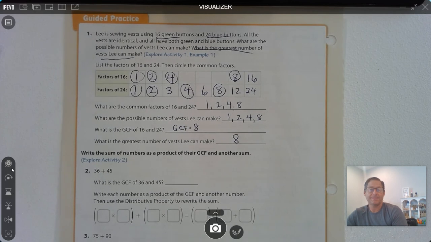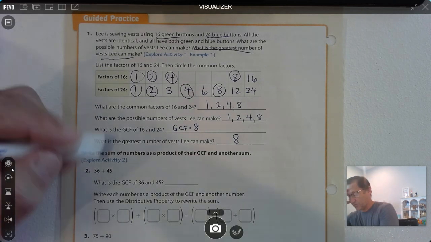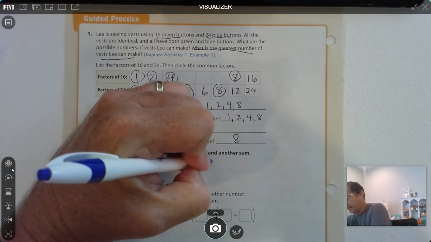All right, so let's rewrite 36 plus 45 as a product of the GCF and another sum. All right, so what's the greatest common factor of 36 and 45?